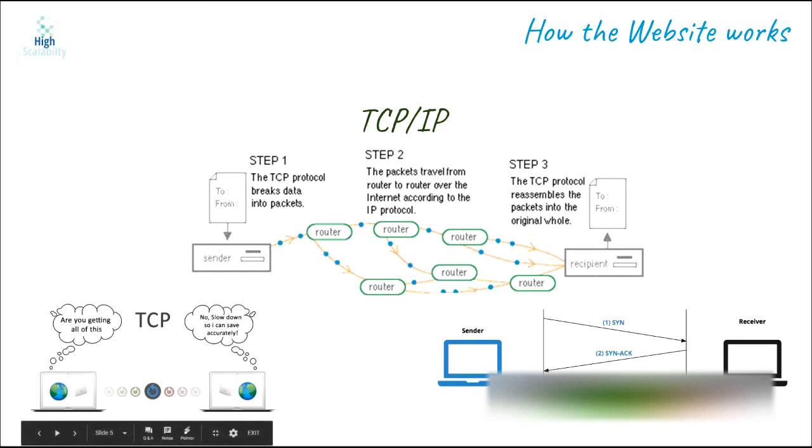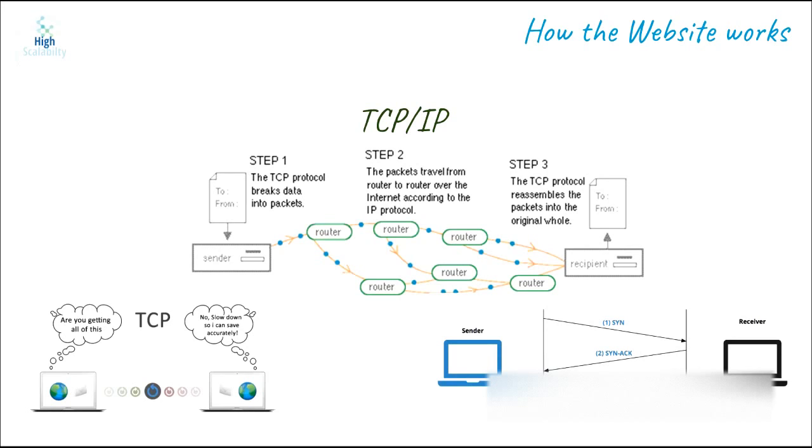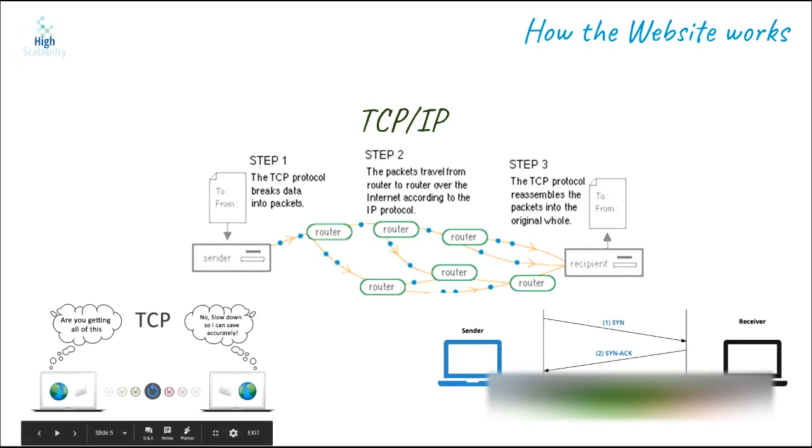So if the client who's accessing the page is not able to take in more data, then it can send a request to make sure the server sends a limited amount so that the client can access it without losing any data.